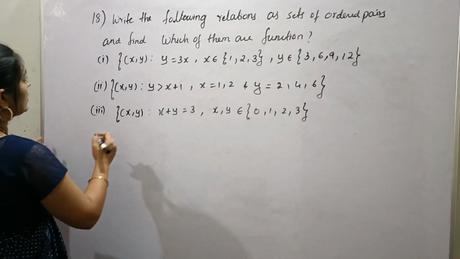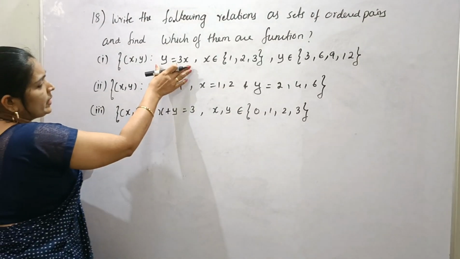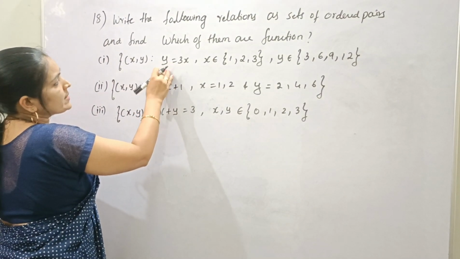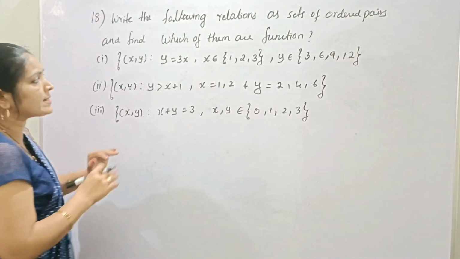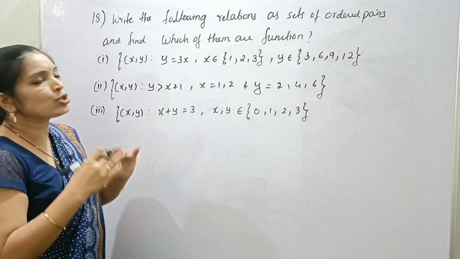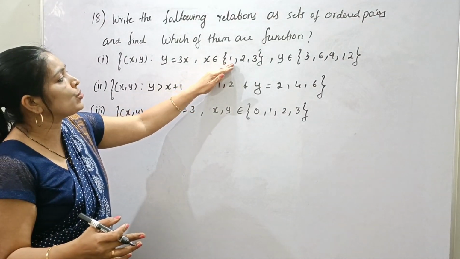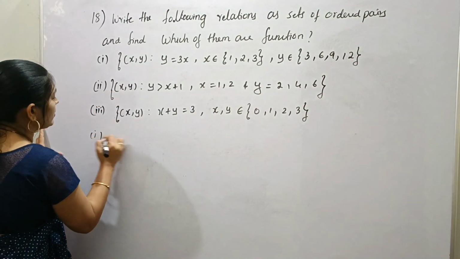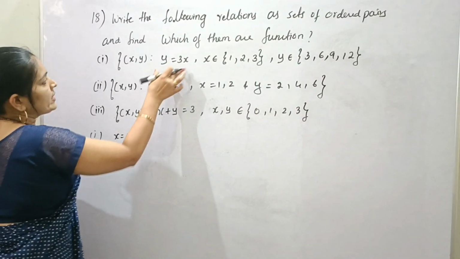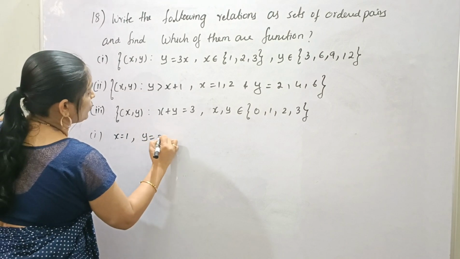Here the condition, that is the relation, is y is equal to 3x. So substitute the x values 1, 2, 3. When x is equal to 1, y is equal to 3.